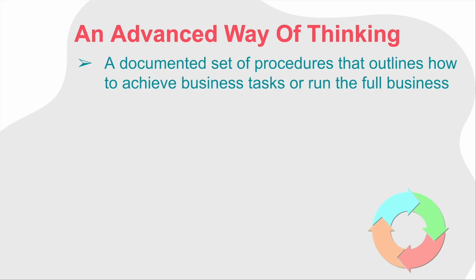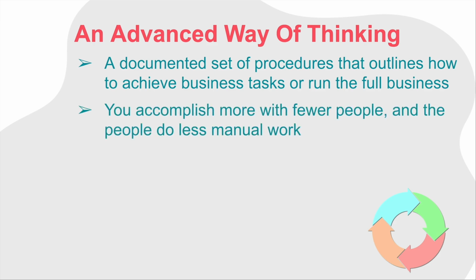If all of your business or a large part of your business can be run that way, then you have a business system. It allows you to accomplish much more with fewer people on your staff, and the people who do work do less manual work. And it's less error prone because there is a step-by-step procedure for every task you need to accomplish.